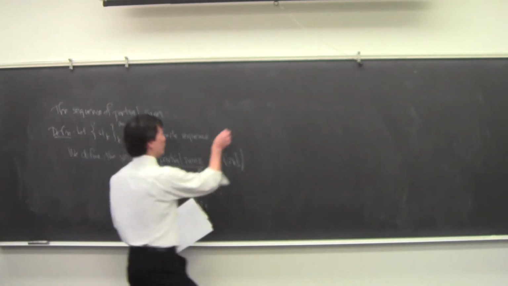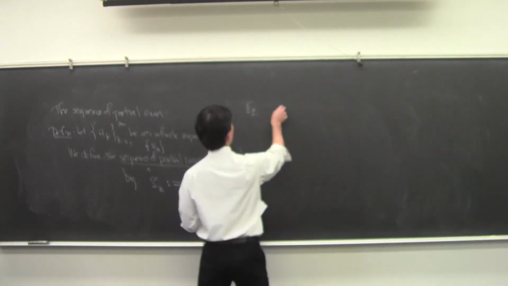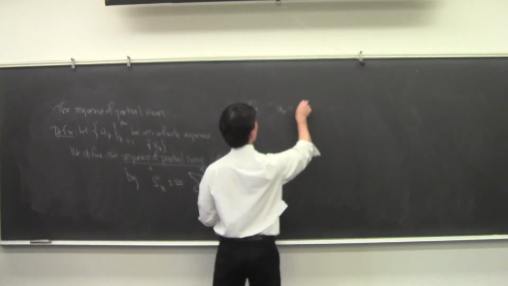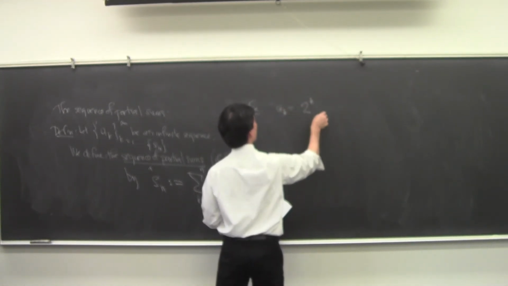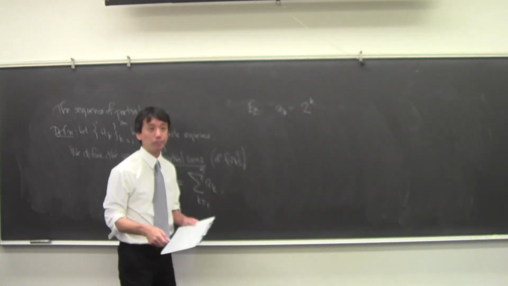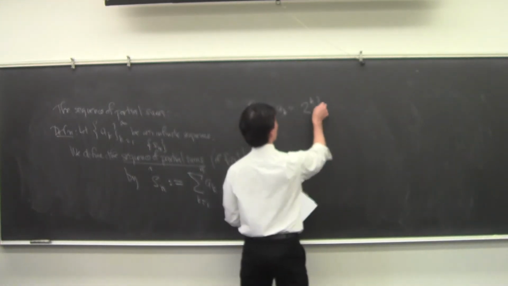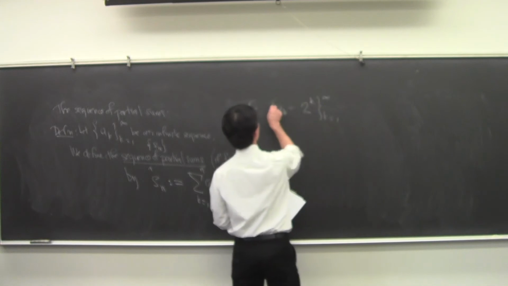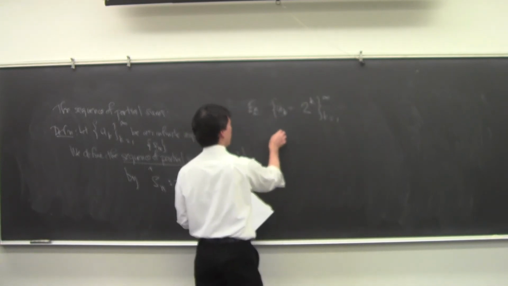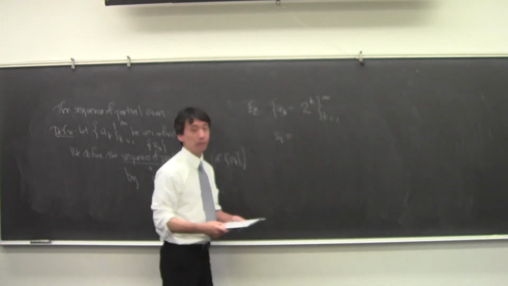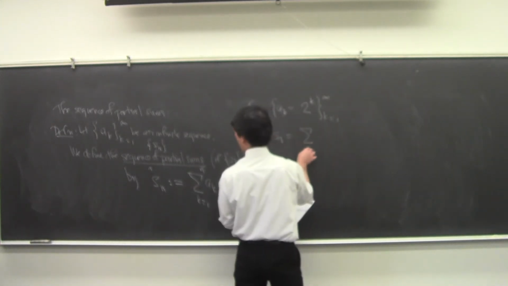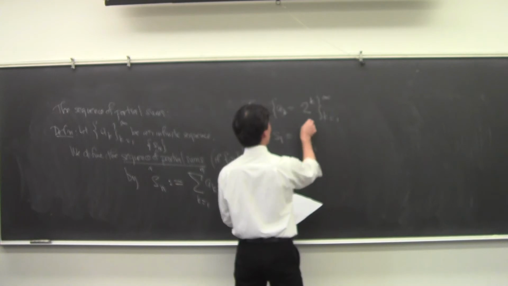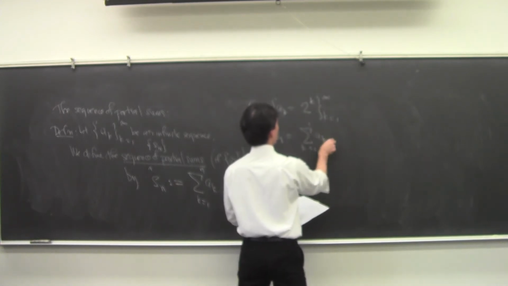So let me give you an example. If I have a sub k as 2 to the k, k equals 1 to infinity, then S1 is the sum from k equals 1 to 1 of a sub k.